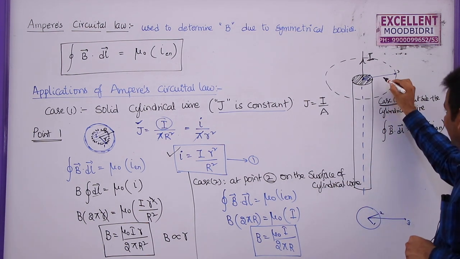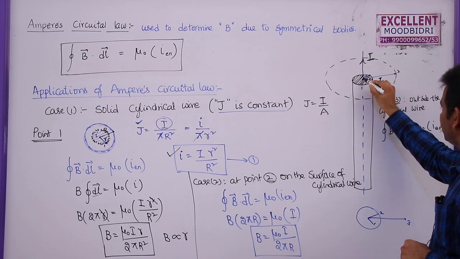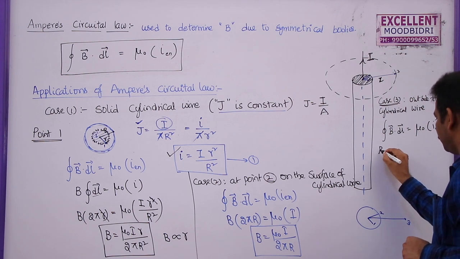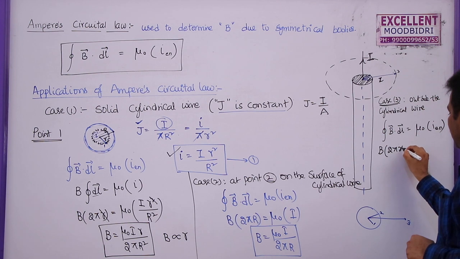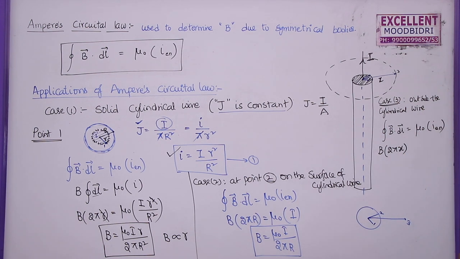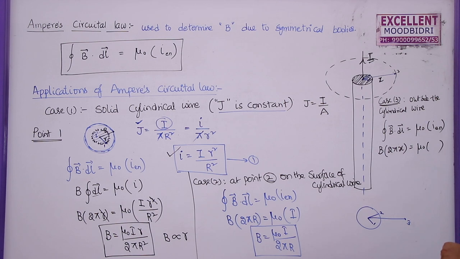But here let me take the distance from here to here as x. So this will become B into integral of dl, which is 2 pi x, equal to mu naught times the current enclosed within the closed Ampere surface, which is nothing but the total current passing through the wire only. So I can write I. So B is equal to mu naught times I by 2 pi x.